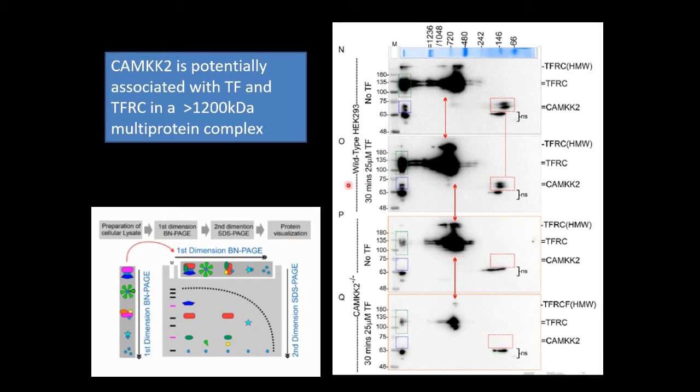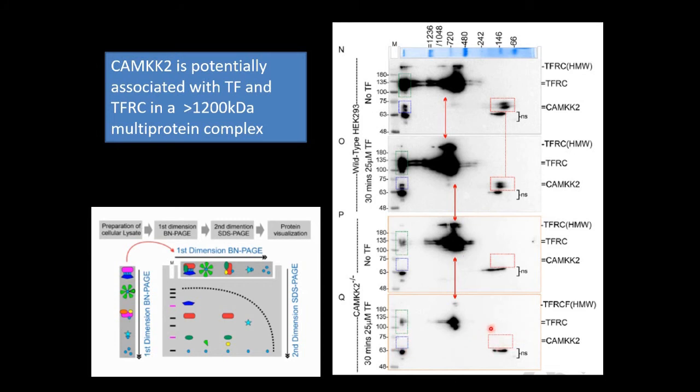The right panel immunoblots are showing transferrin receptor and CAMKK2 associated protein complexes under different treatment conditions. In the top panel immunoblot, CAMKK2 appeared as a 146 kilodalton protein complex as well as a very high molecular weight protein complex. These distinct protein complexes are absent in CAMKK2 knockout cells, as anticipated.